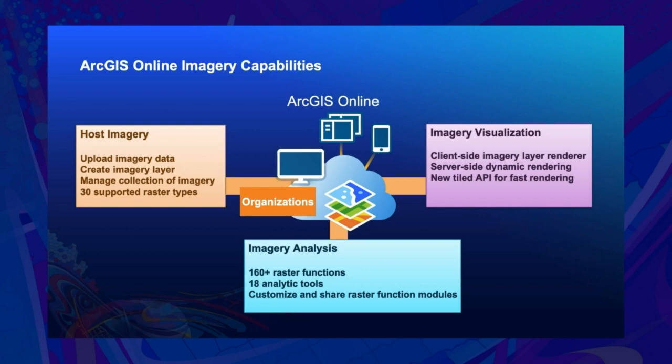And there are also over 18 out-of-the-box analytic tools you can use, including deep learning analysis tools, for you to perform analysis on these imagery layers. And with raster functions, you can customize and share those custom-made workflows as items in your organization with other users.